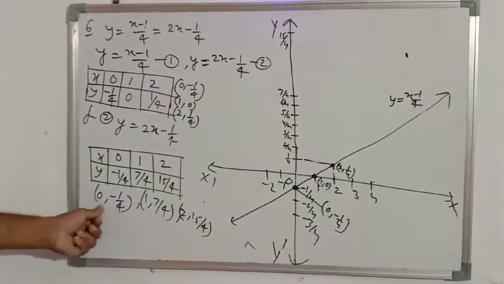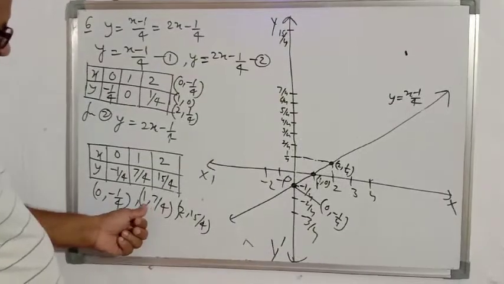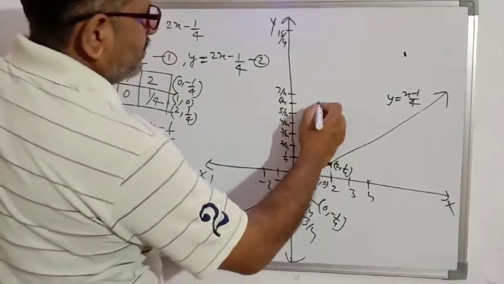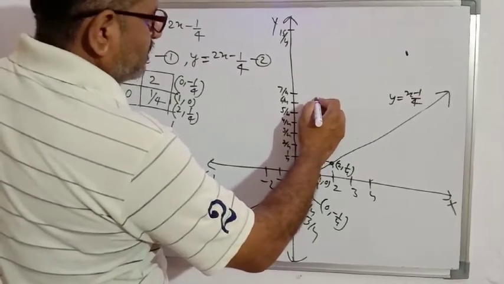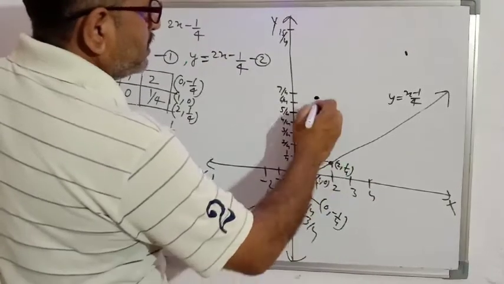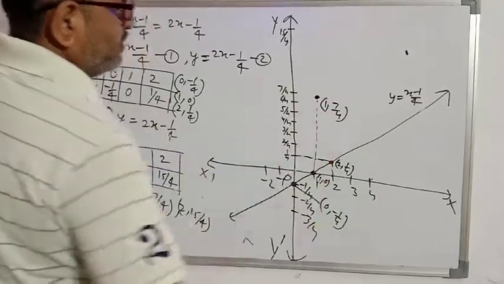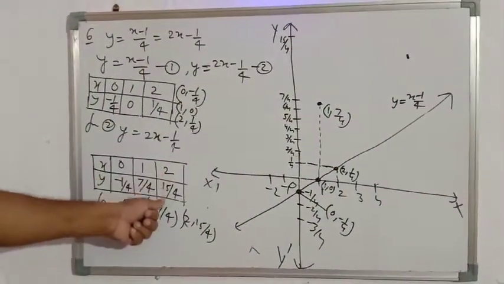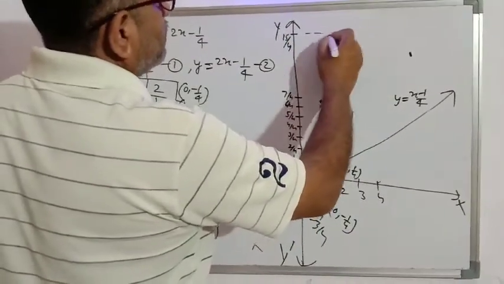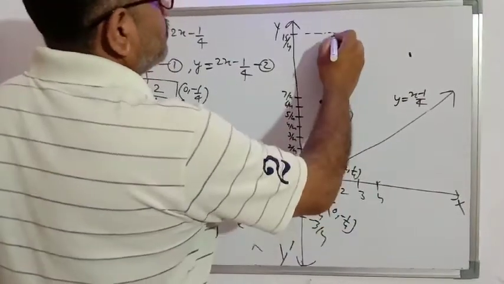Similarly, graph for the second. First point 0, minus 1 by 4, same point. Second point is 1, 7 by 4. X is 1, y is 7 by 4. So this point is 1 comma 7 by 4. X is 2, y is 15 by 4.